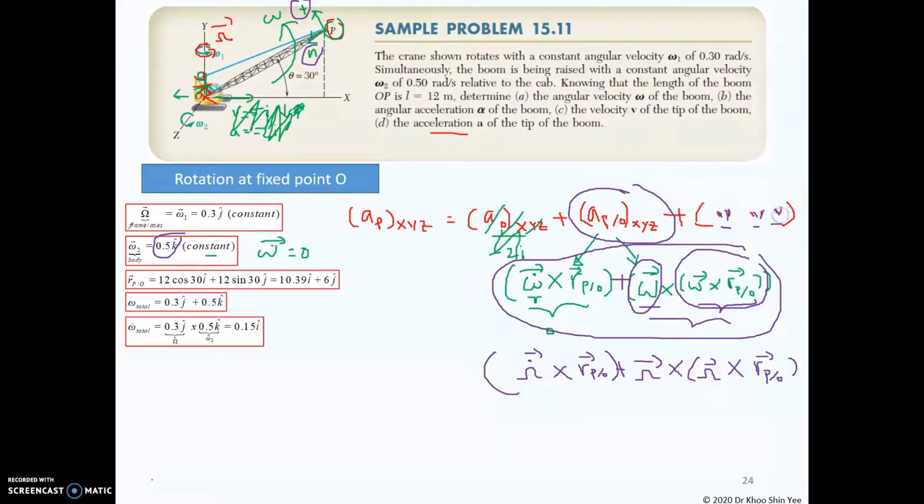The last acceleration component is the Coriolis acceleration, which has 2Ω crossed with the velocity of P with respect to O. Since O here is a non-inertial frame, we use the small letters xyz. These are the three acceleration components due to the rotating frame effect.